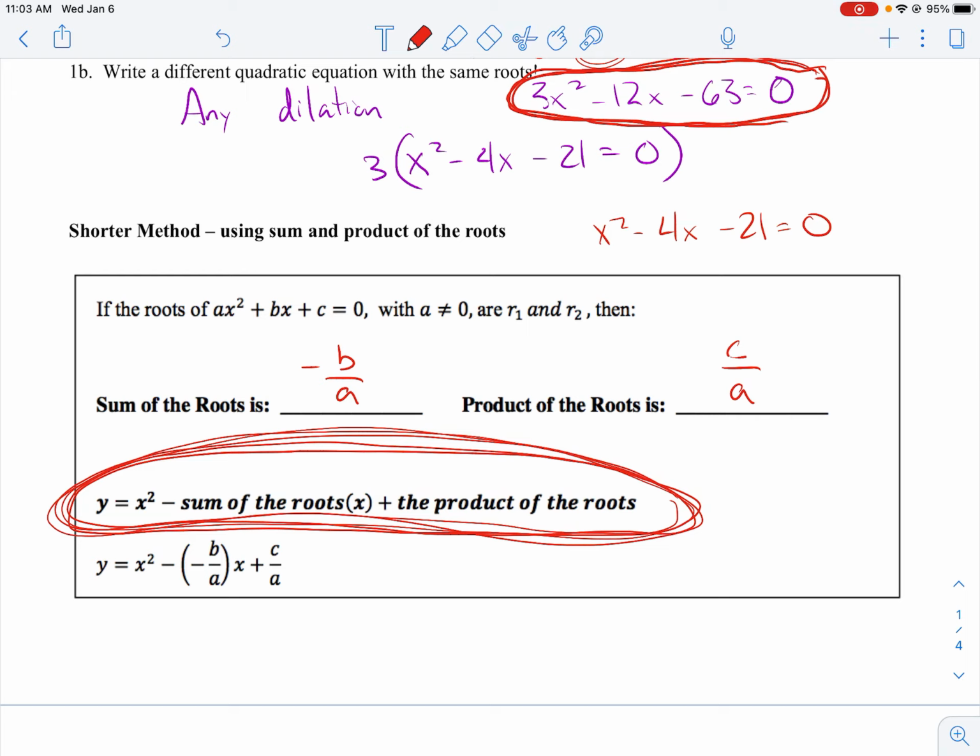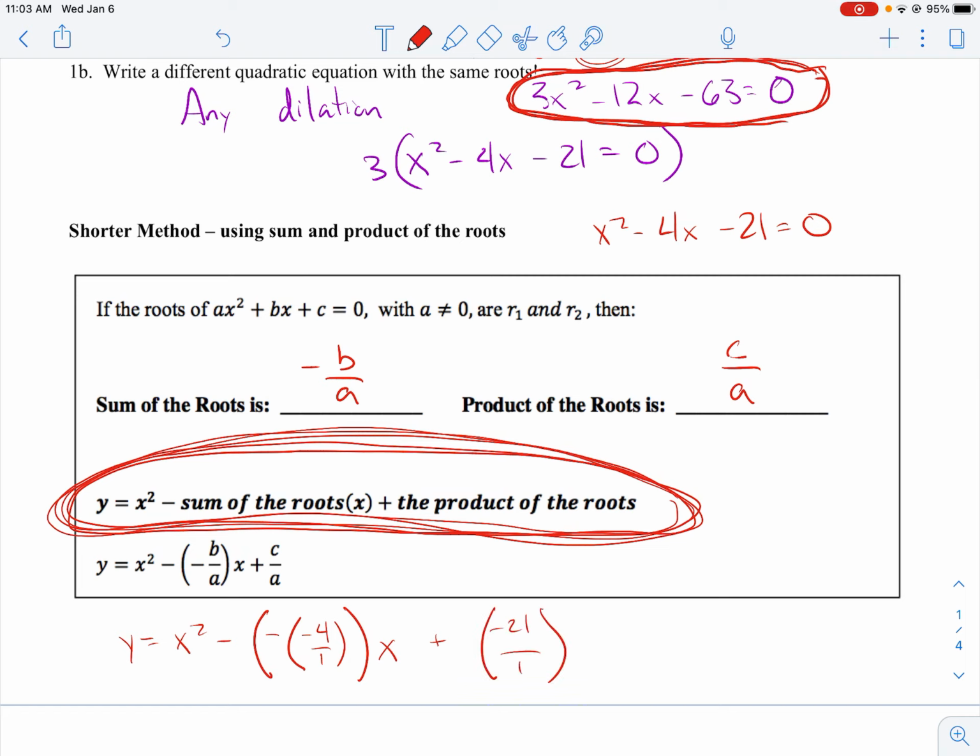all right, so we have a negative 4 there, okay? So let me write this down here. y is equal to x squared minus, okay, a negative 4 over 1 times x plus negative 21 over 1.